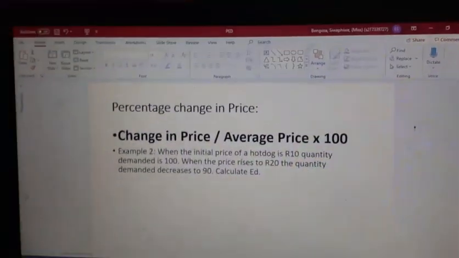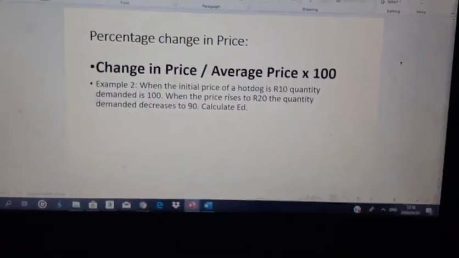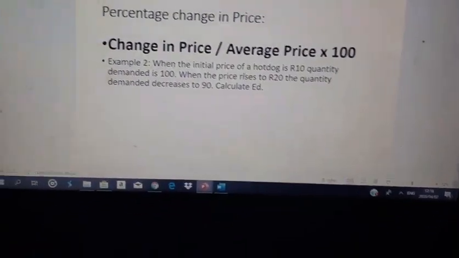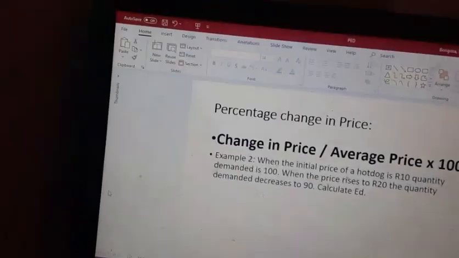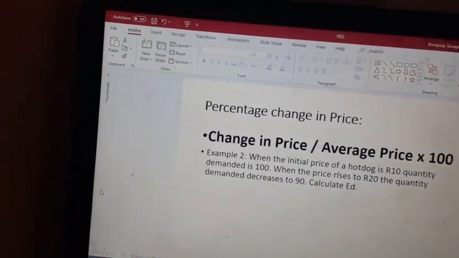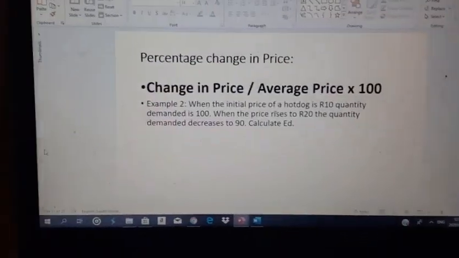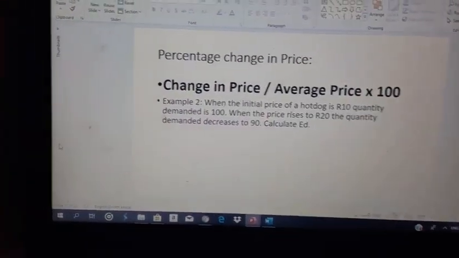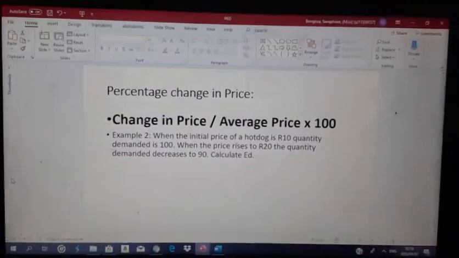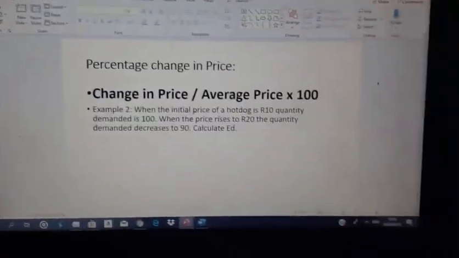In price. Okay. So sometimes when you're trying to explain the formula and you did not do any example, it doesn't make sense. Hence, I decided that we should have at least one example. As for the examples, I'll make sure that I send them to you via WhatsApp so that you can do them and see if you've actually been able to understand this formula.